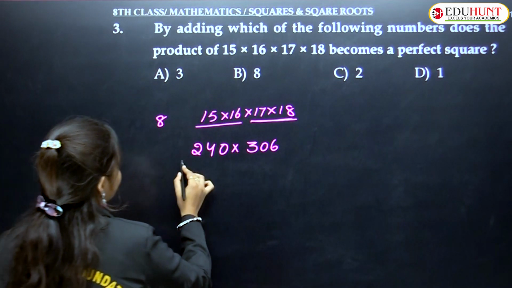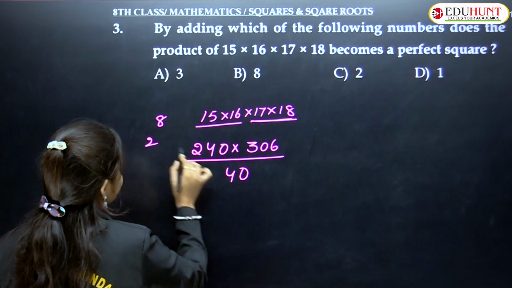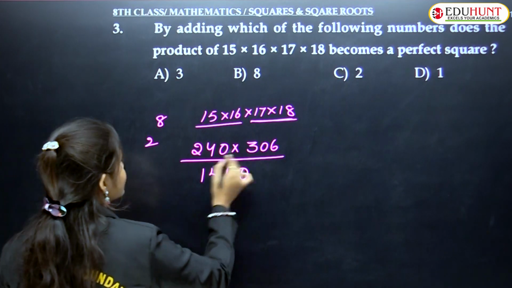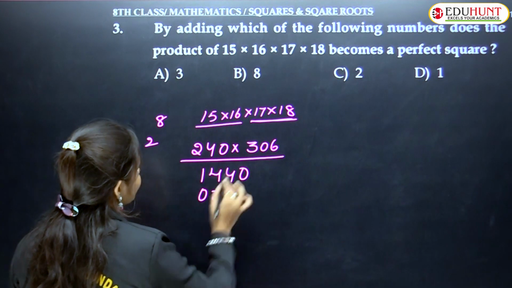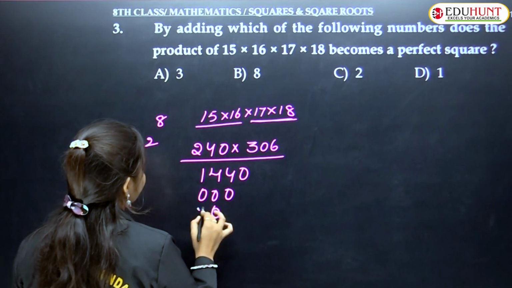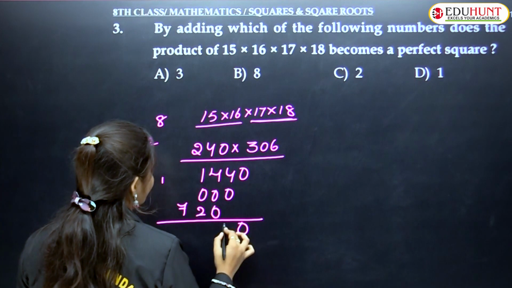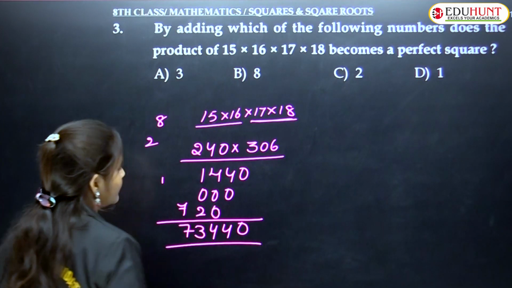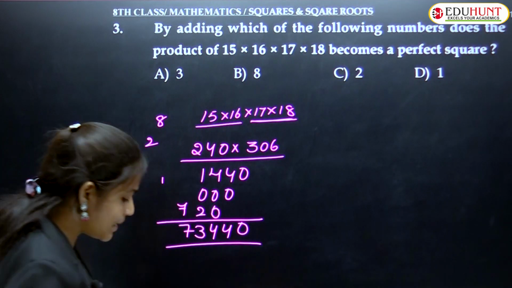Now multiply this here. 6 zeros 0, 6 fours are 24, 6 twos are 12 plus 2 is 14. Next, the total number multiplied with 0 again gives 0. Next, 3 zeros 0, 3 fours are 12, 3 twos are 6 plus 1 is 7. We got 73,440, that is the product.